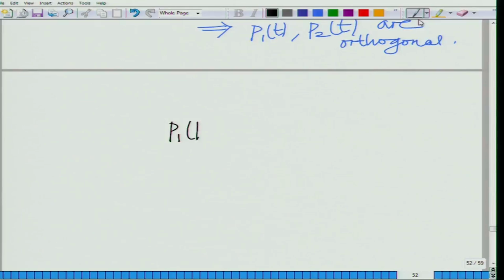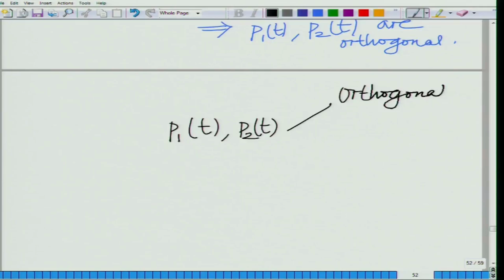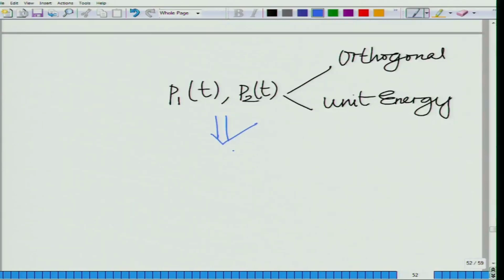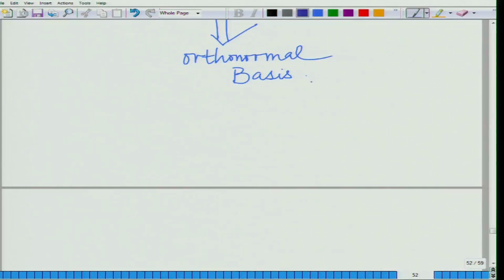We have p1(t) and p2(t), these are orthogonal and they have unit energy as well, which implies they form an orthonormal basis for the signal space.